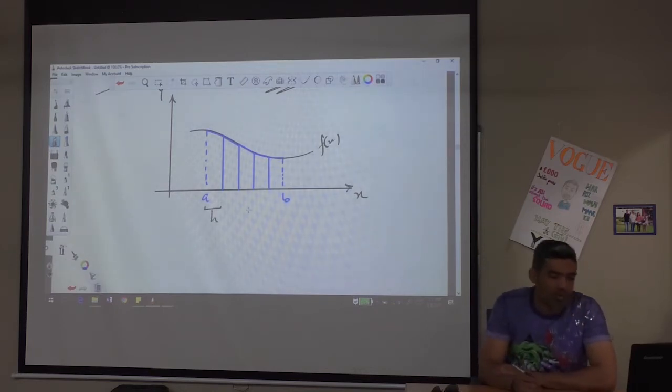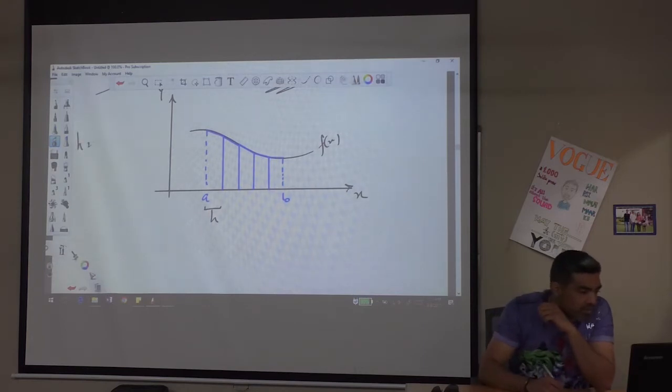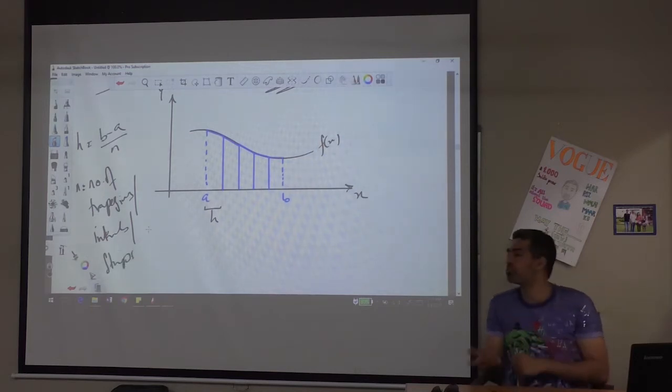So this is what we call h, the height of the trapezium, and this is found by taking b minus a upon n, where n is the number of trapeziums. You can say number of trapeziums, you can also say number of intervals, you can also say number of strips. All these words can be used.